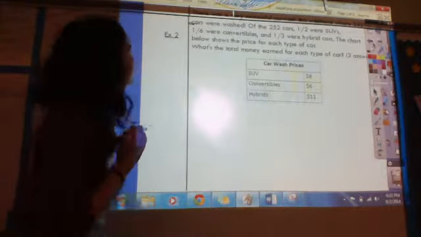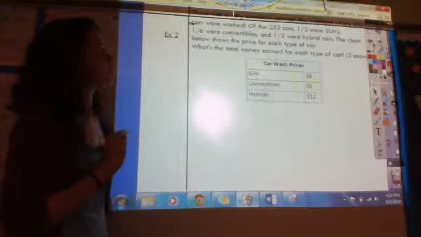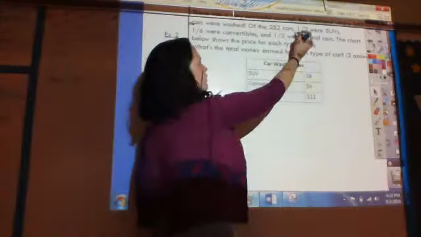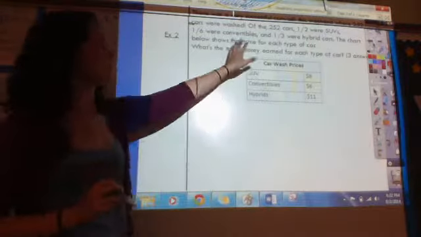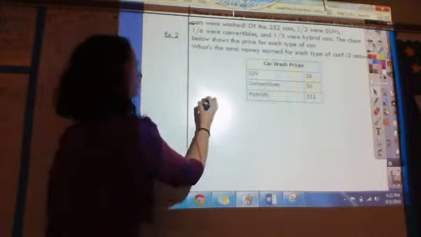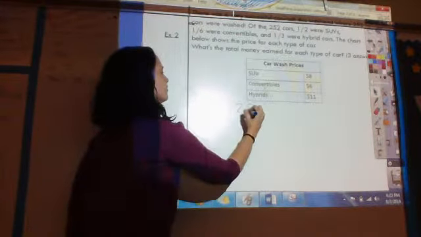So, what I see here, I see a few different things. One, I see a total here, and then I see my fraction. The equation I'm going to build here is going to be very similar. So, for SUVs, for example, I would put 252.